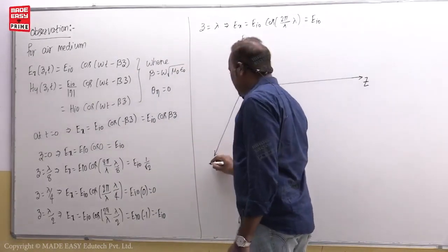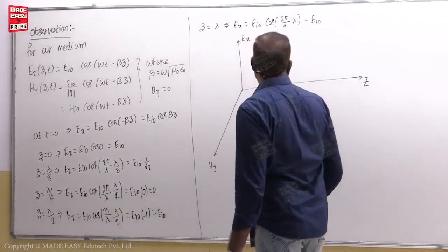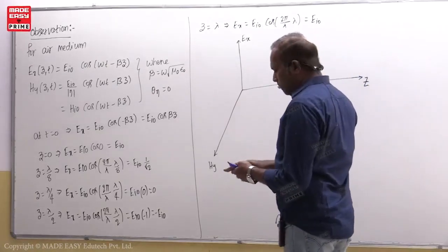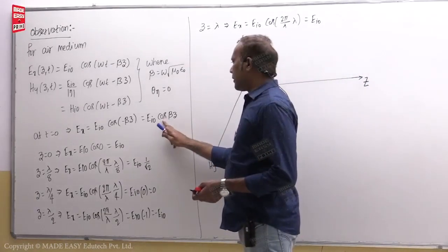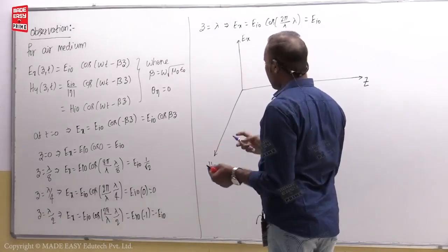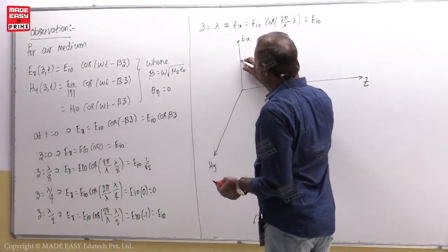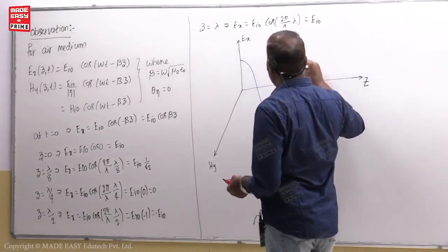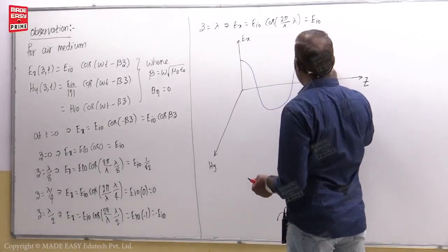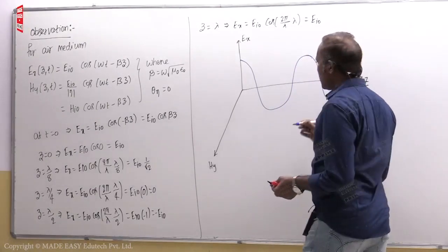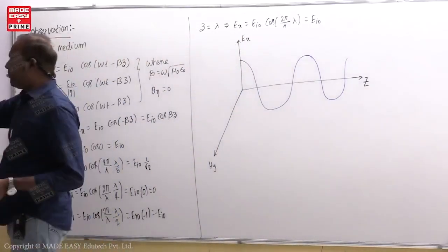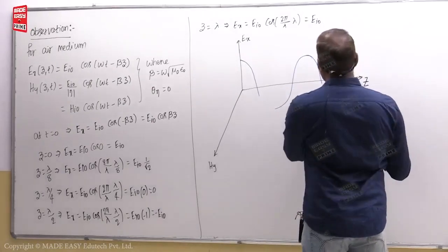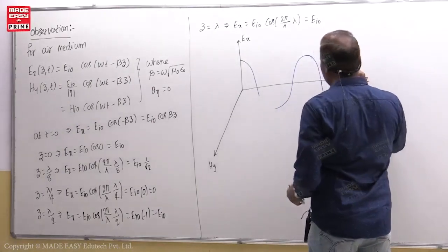Here z is variable. So this signal EI0 cos beta z comes like this, a cos signal. Like this it comes. You can draw and proceed further. Anyway, make it symmetric, you all make it symmetric.